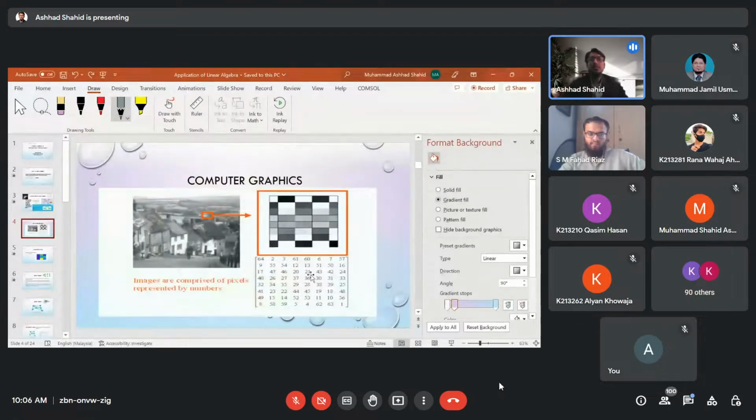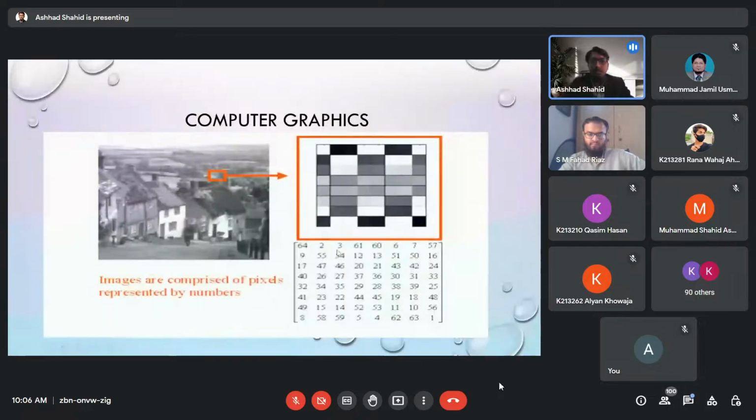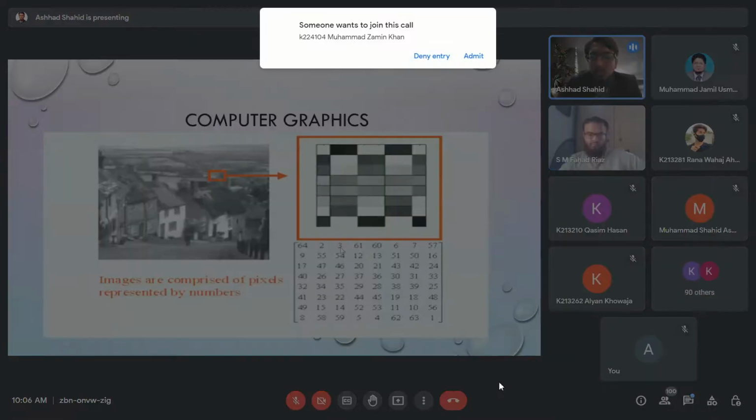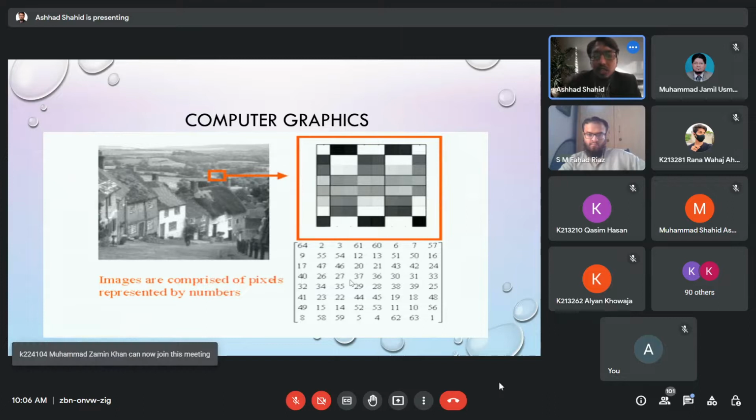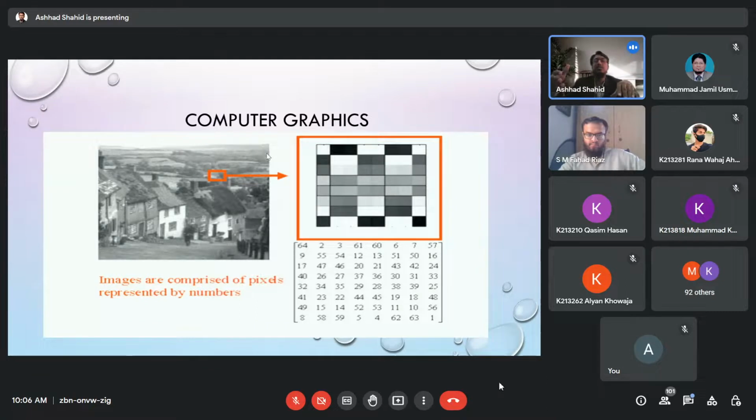Let's say for this picture, this is a resolution. You can see the number of rows here are 8, and the number of columns here are also 8. So this is basically 8 by 8 resolution. Similarly, if I reconvert the whole image to the resolution part in a matrix form, the order of the matrix will describe the resolution.